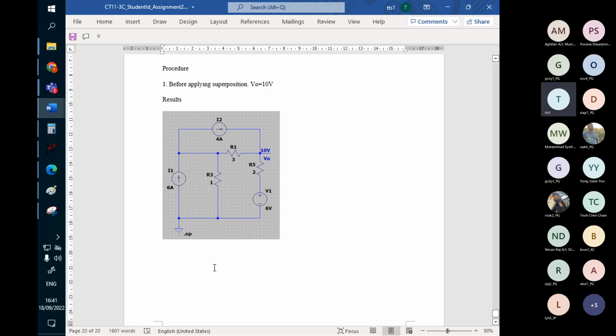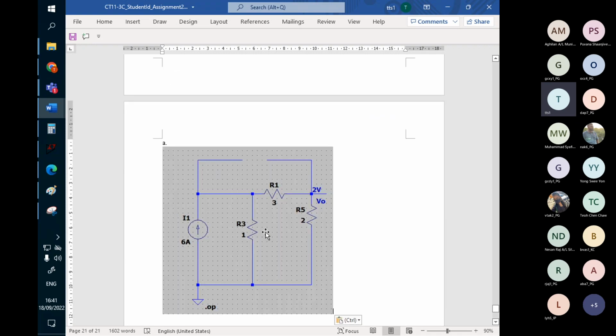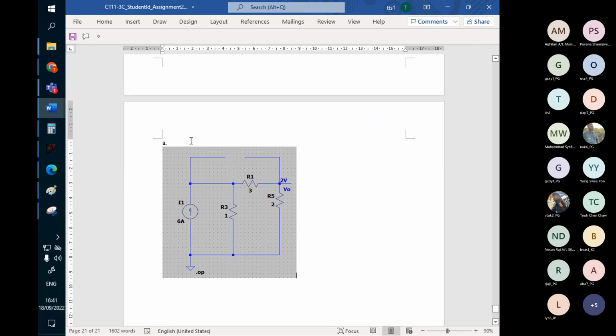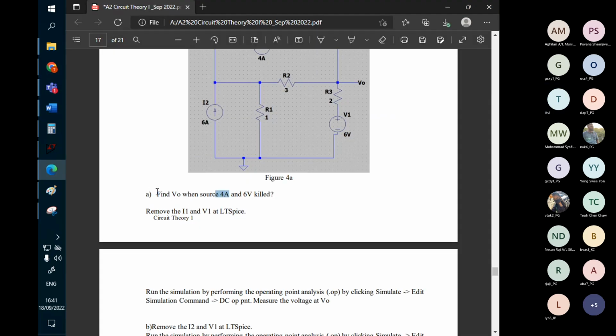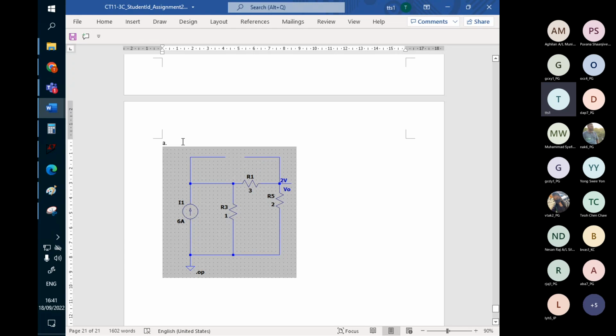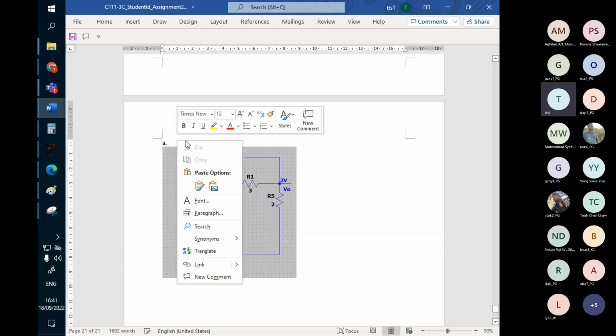Now this is the start of our step A, results follow. Let's copy it. Forget about the question mark there, it's confusing.